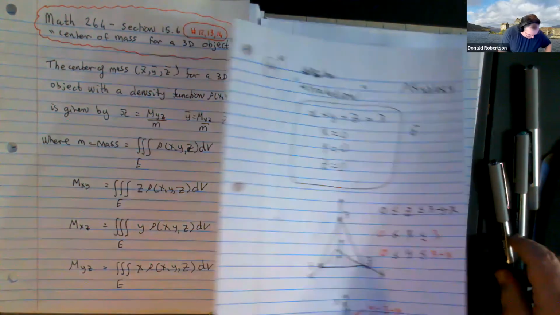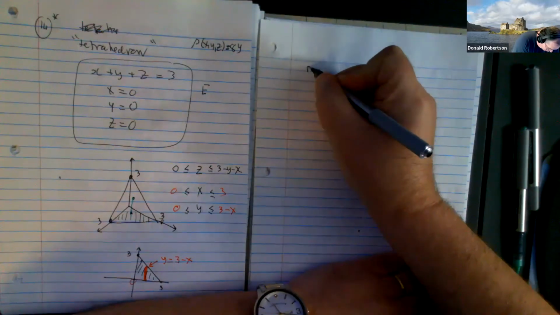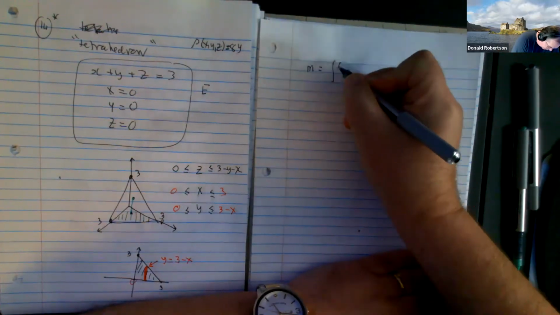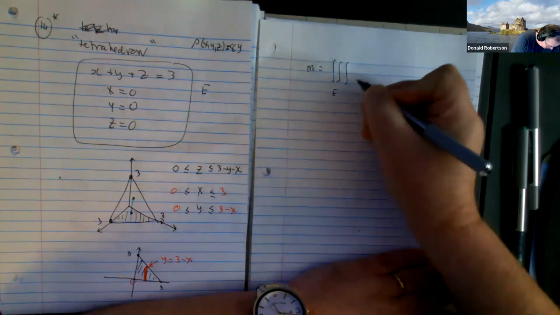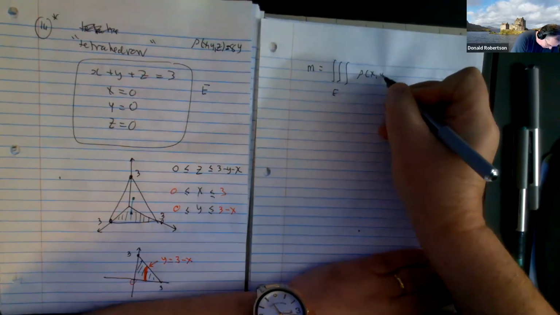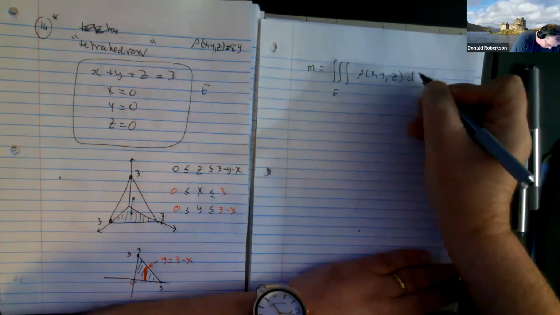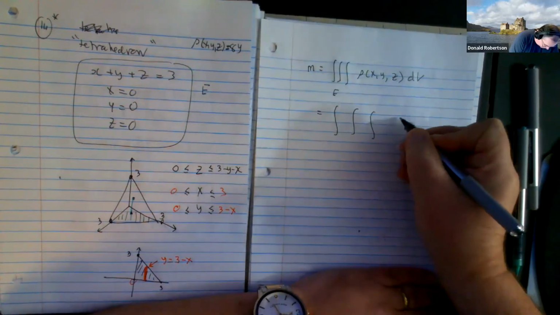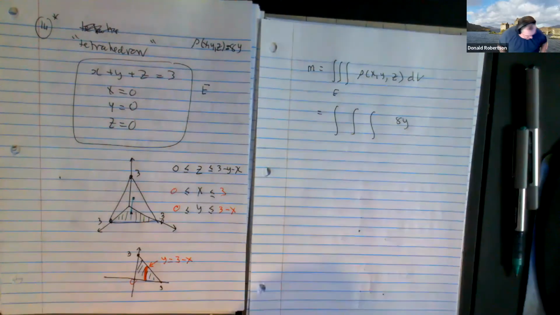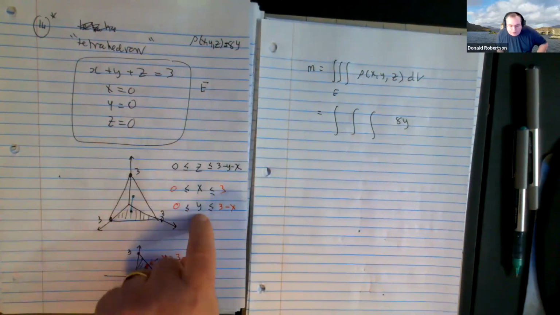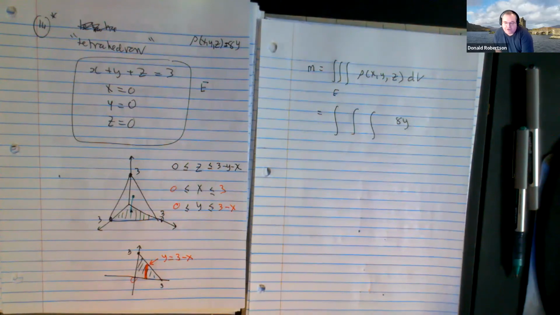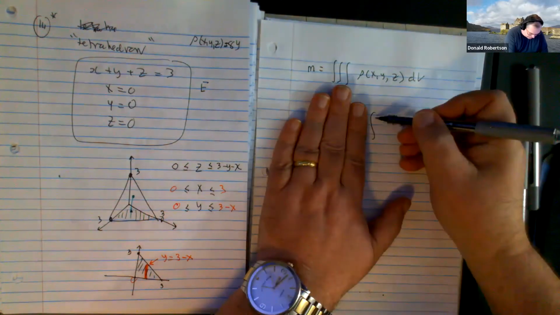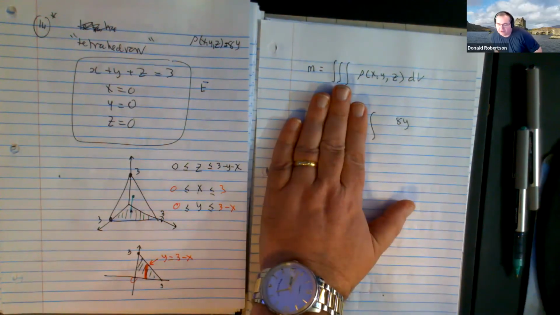So when I put the package together, we'll start by setting up what the mass would look like. Which one goes in the inside integral? X, Y, or Z?